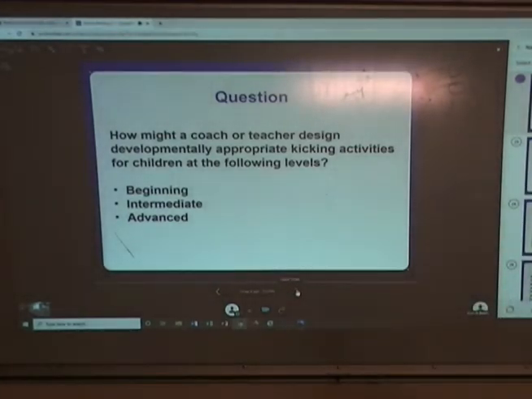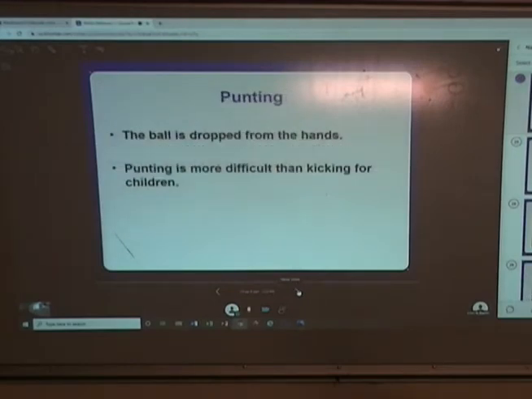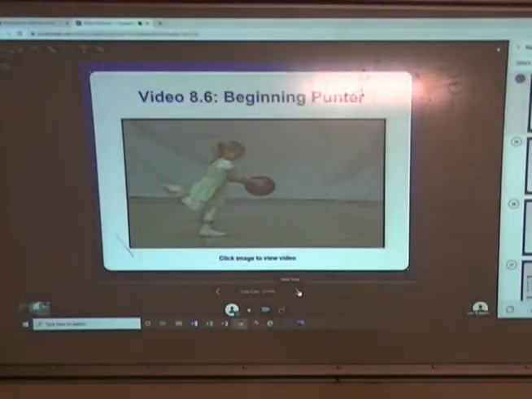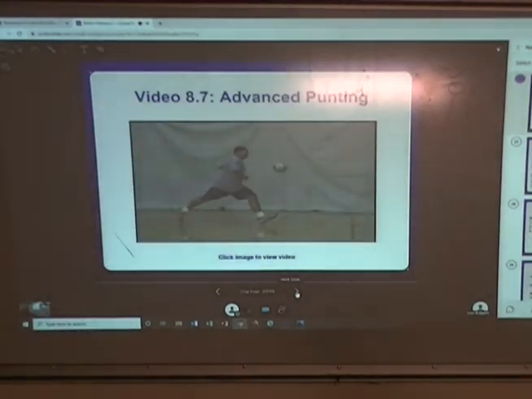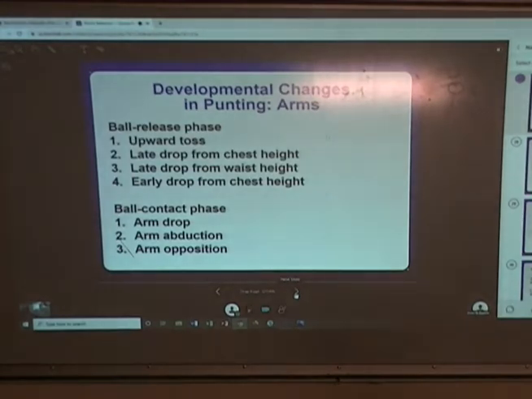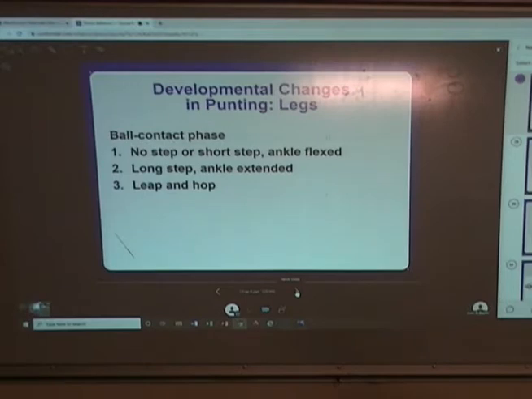All right, so then there's lots of information on punting. There's lots of video clips about punting. There is a hypothetical developmental sequence and observation plan for punting, which I always find quite interesting, that we have a hypothetical plan for punting but not for kicking.